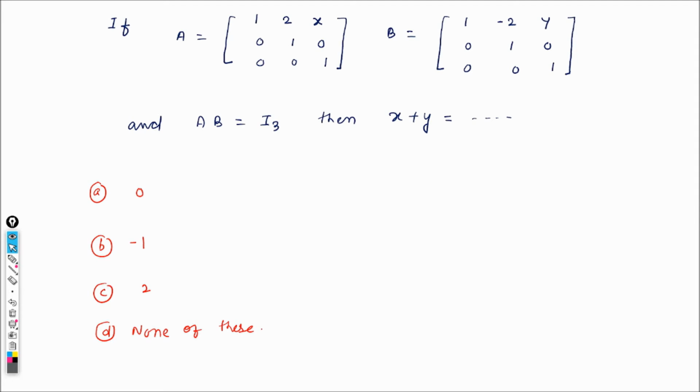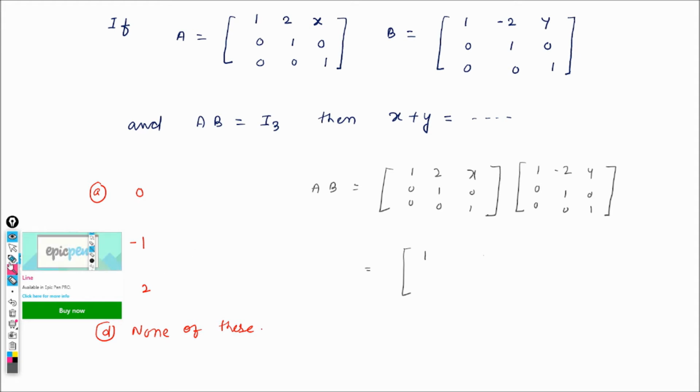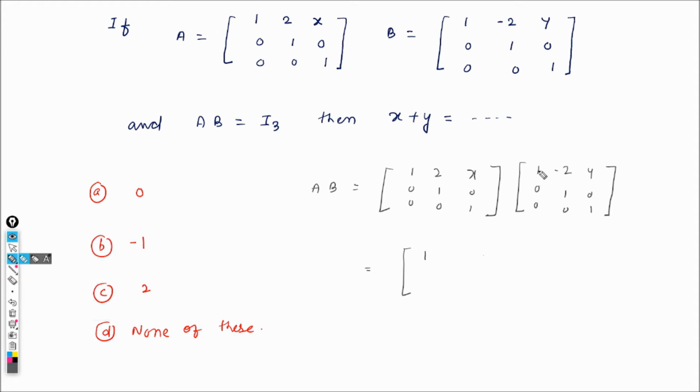So let us understand one more question here. We have to multiply these two matrices. AB is equal to, so let us write here the multiplication. First row, first column, 1 into 1, 1, and 2 into 0, so I can write here 1. Then first row, second column: minus 2 plus 2, so it will be 0.